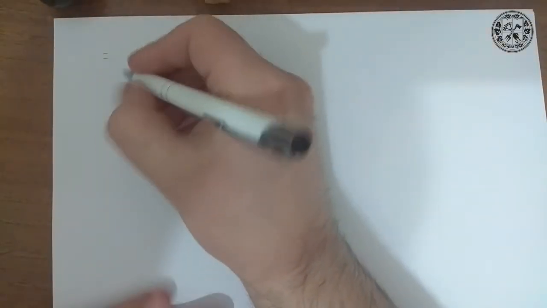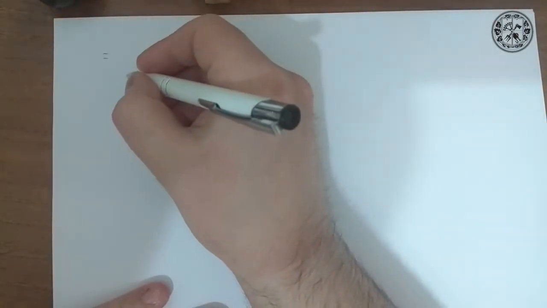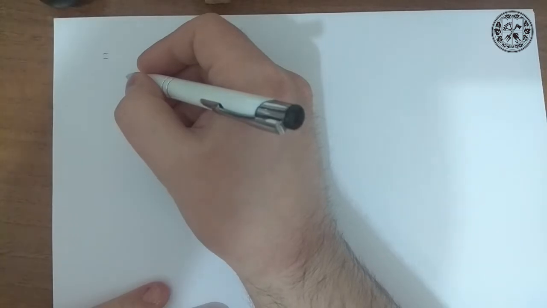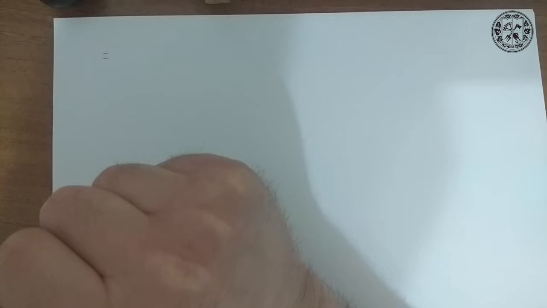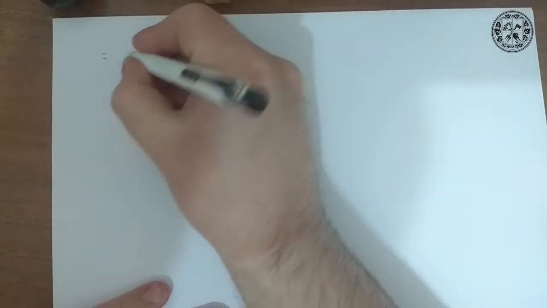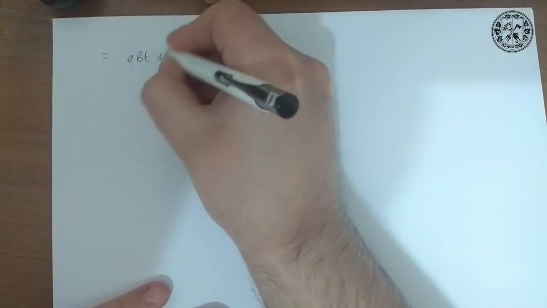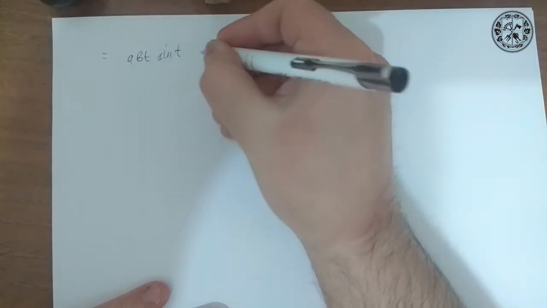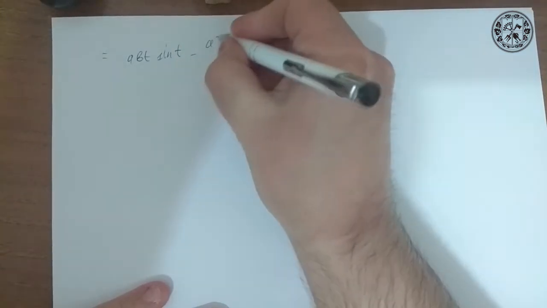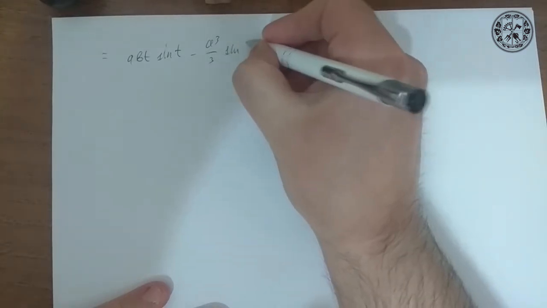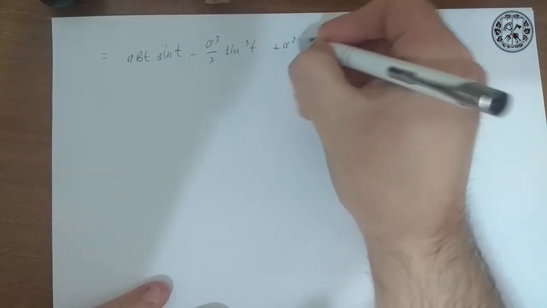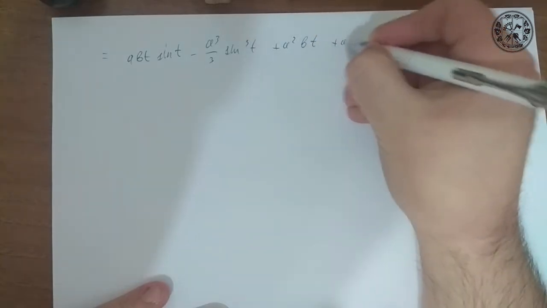The first integral is an integral that has to be calculated by parts. Here we'll get ab t sine t minus a cubed over 3 sine cubed t plus a squared b t plus ab cosine t.